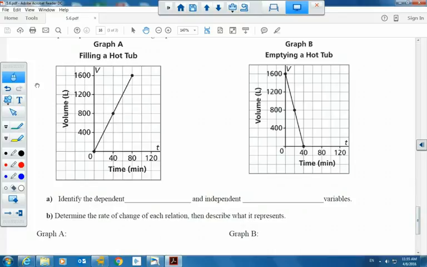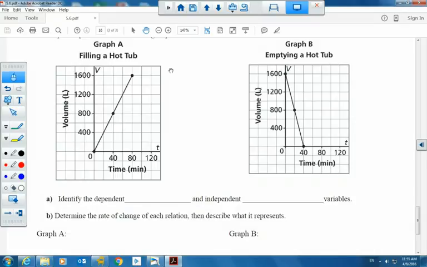Okay, so we notice a couple of things. That graph A is not as steep as graph B. Now graph A is sloping upwards. It's going uphill, right? You see how this line is going up like that? That means it is increasing, right?